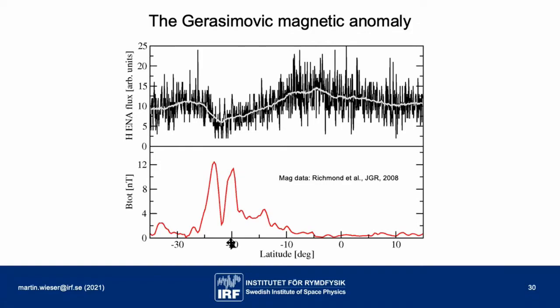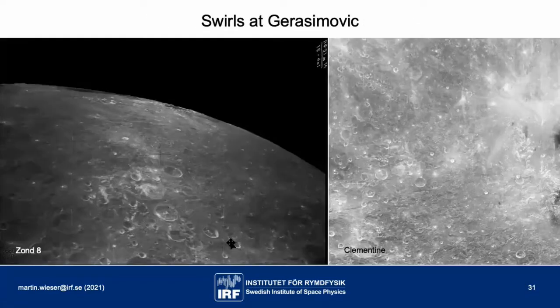The anomaly is interesting if you look at this Zone 8 image. The anomaly is sitting here in the center, and it features this swirl type of surface albedo features, which are also visible on the lunar near side, for example, in the Reiner Gamma region, which is also a magnetic anomaly. The swirls are sometimes a bit hard to see. If you go to the right here, it's a Clementine image. Here they're almost invisible.